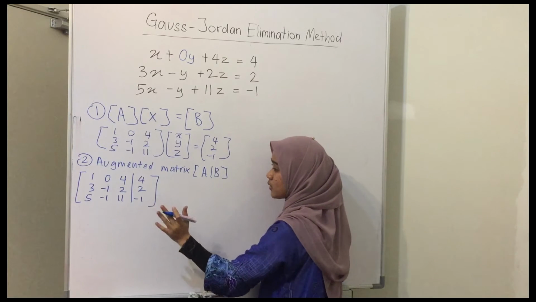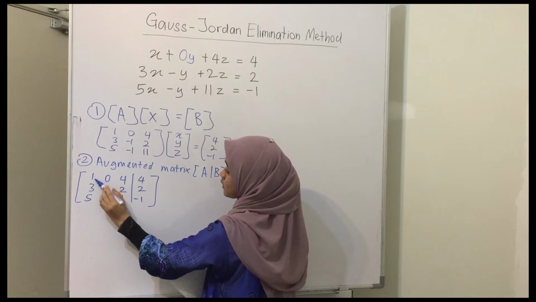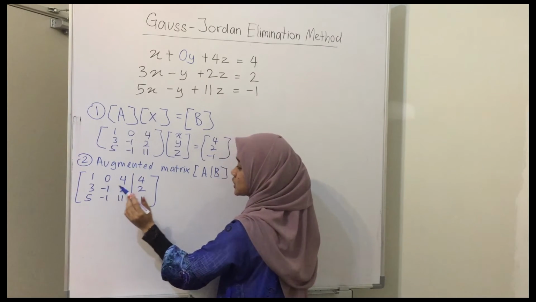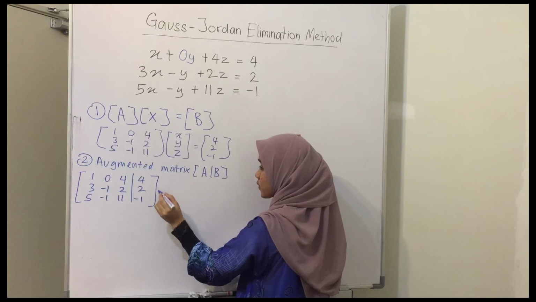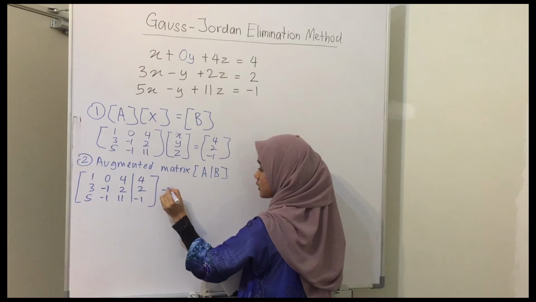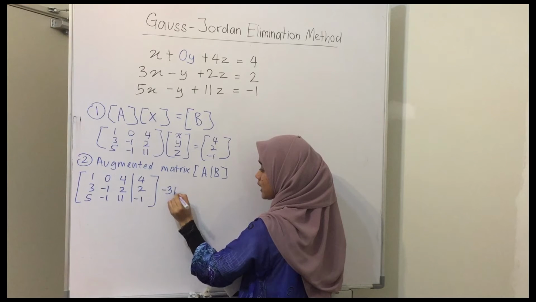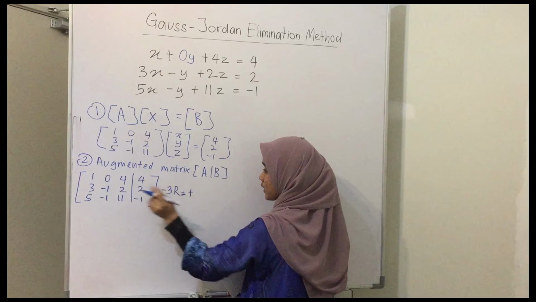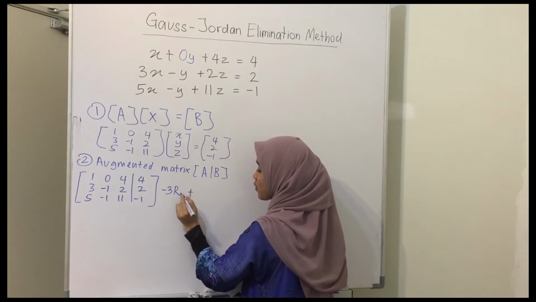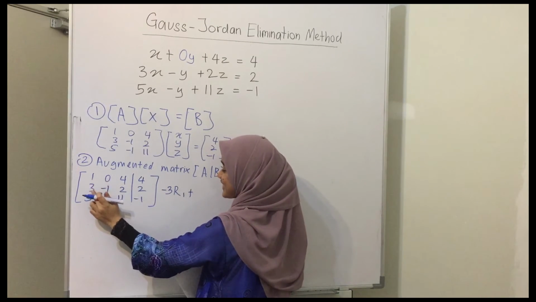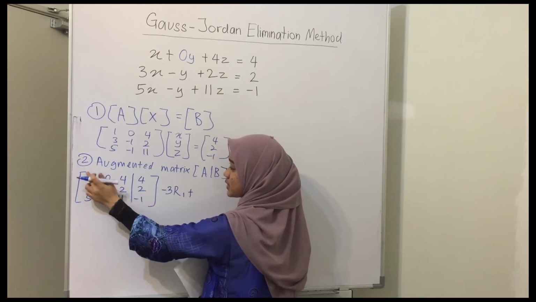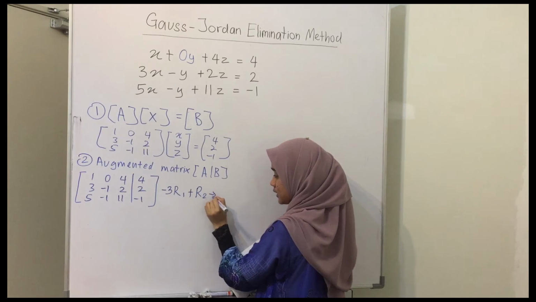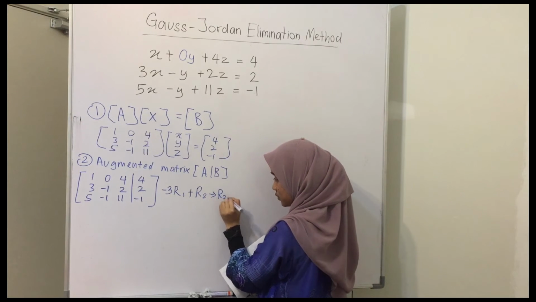So for this first step, I want to make this value 3 change to 0. So I multiply negative 3 with row 1, which is 1 here, and add it to row 2, and the result will be the new row 2.